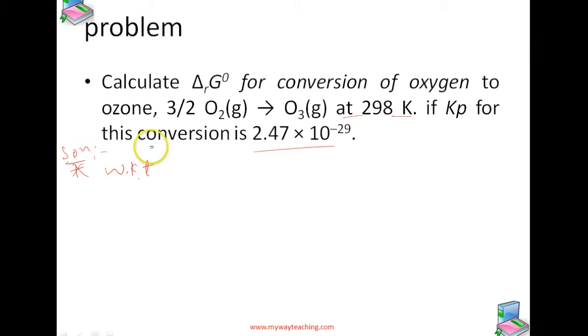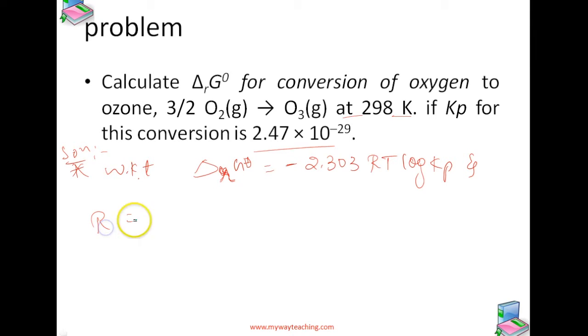Solution: we know that delta R G standard is equal to minus 2.303 RT log Kp, where R is equal to 8.314 joule per Kelvin per mole.